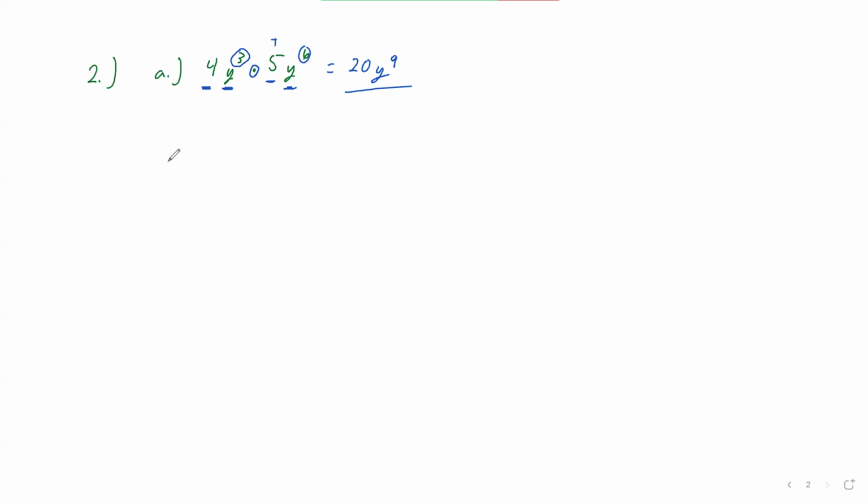All right, so let's look at another one. In this case, that would be negative 2x to the fourth times 5x cubed. What is y'all's thought process here?